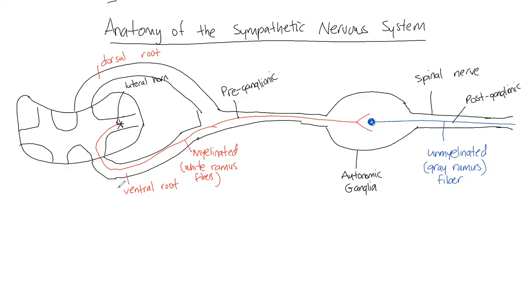So really important distinction here to make. Autonomic nervous system, fibers arising from the lateral horn, using the ventral root to exit. Somatic nervous system, which we'll talk about, fibers arising from the ventral horn, but also using the ventral root as a point of exit, okay?